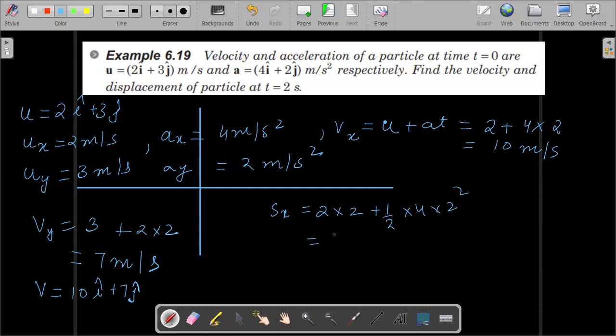So this you are getting 4 plus 8. Sir, I used the third equation. Third equation I used, v squared minus u squared equals 2as. Even if you use the third equation, you should be getting the same.